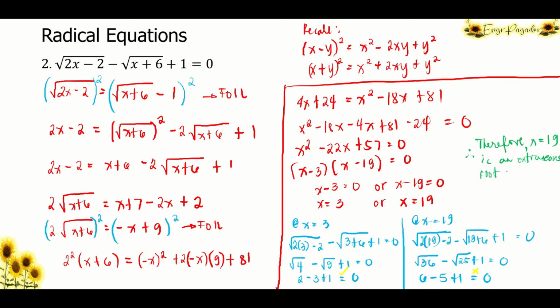Extraneous root, and the solution set is x equal to, okay, so set to s equal to 3. So yung solution set lang natin is 3. So that is how you solve other equations in one variable, particularly fractional equations and radical equations.